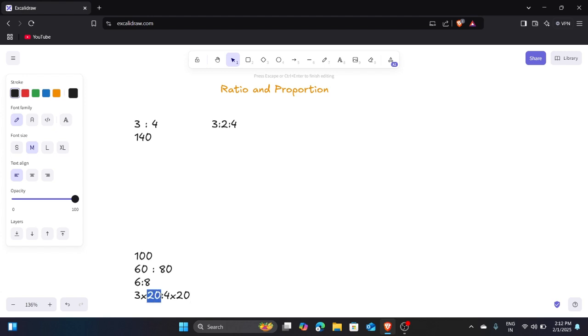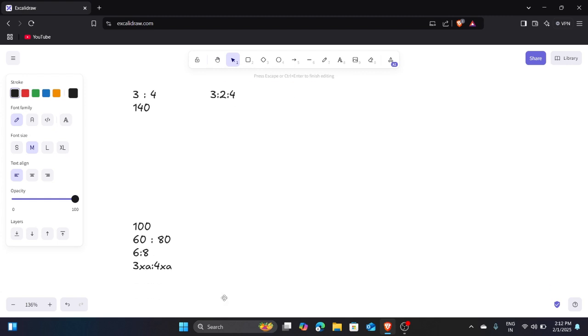We can represent that with a variable, because we don't know the number in the question. We have 3 and 4, and since we don't know the actual numbers, we assume these are multiples of the same number.